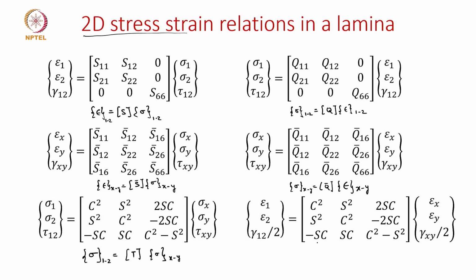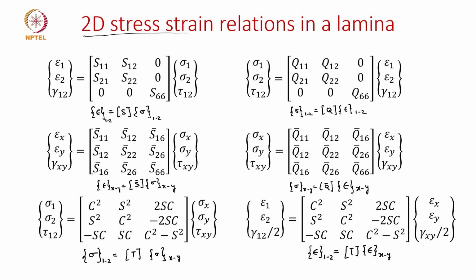Similarly, we can do the same for strains. If we have strains in the body coordinates xy and pre-multiply that with the transformation matrix, then we get these strains in the material coordinate system 1 2.